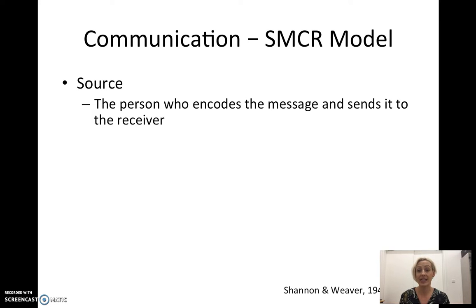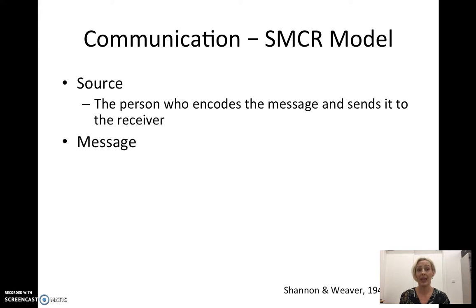And the source is basically the person that encodes the message, or in other words, takes a meaning and puts it into a symbol and sends the symbol out. So I can think of a cat and then remember the word cat and then say the word cat. I had a meaning, I put it into a symbol, and I sent that symbol out.